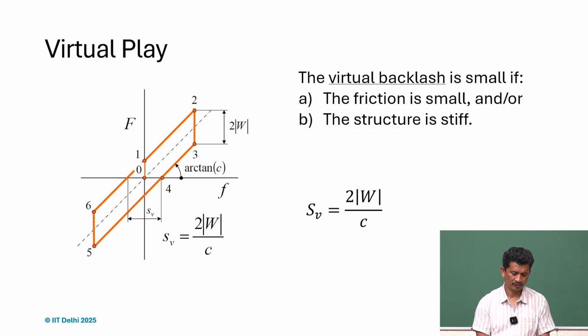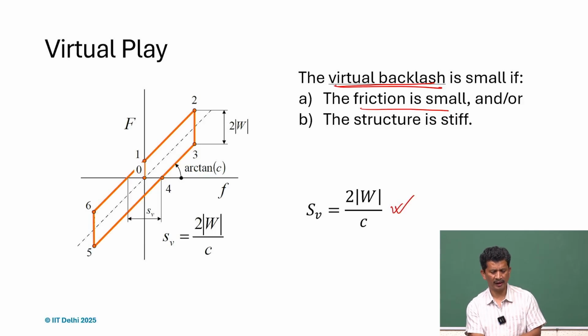So if we just look at the expression, we can minimize if we can reduce the friction by some means. If it has to be there, then it has to be managed.